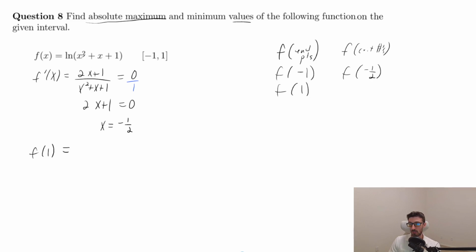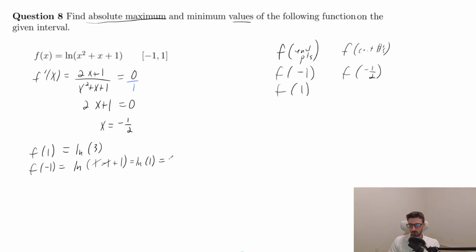So I'm plugging this into the original function, and that's going to be 1 + 1 + 1, that's ln 3. If I plug in -1, that's going to be ln of (-1) squared, which is 1, minus 1 plus 1. And these cancel out, and I just get ln of 1.